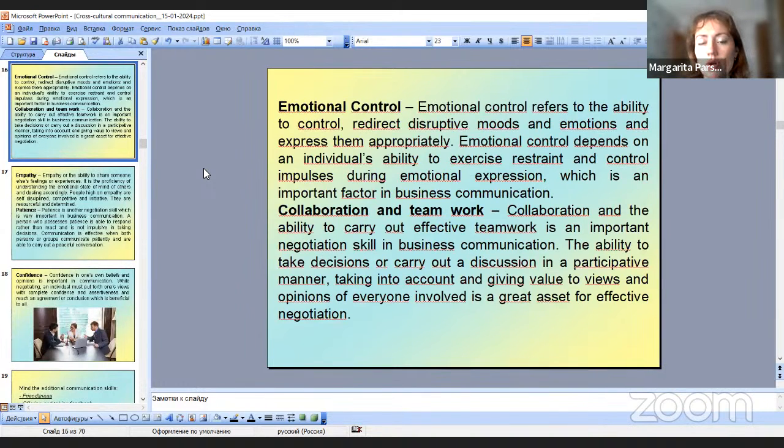Emotional control. Of course, emotional control refers to the ability to control and redirect disruptive moods and emotions, and express them appropriately. Emotional control depends on an individual's ability to exercise restraint and control impulses during emotional expression, which is an important factor in business communication.